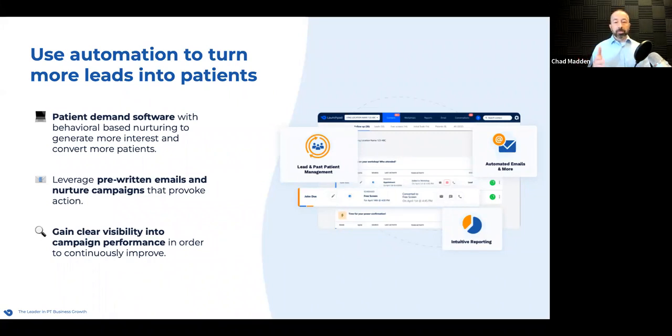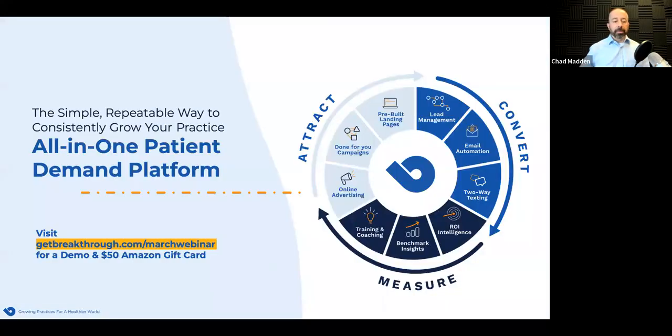We want to leverage pre-written emails, either in indoctrination or nurture campaigns, that provoke action and compel people to show up to an appointment and ultimately sign up for a plan of care. The other thing we want to do is gain clear visibility into the campaign performance so we can do more of what works and less of what doesn't, which is the game that we're all playing in private practice.